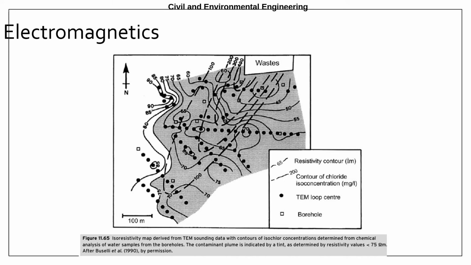In this map, the actual location of the contaminant is shaded in gray. So this whole gray shade is your contaminant, and then your dark contour here is the measured concentration of your isochlorides. So the more isochlorides you have, the more conductive the fluids are.